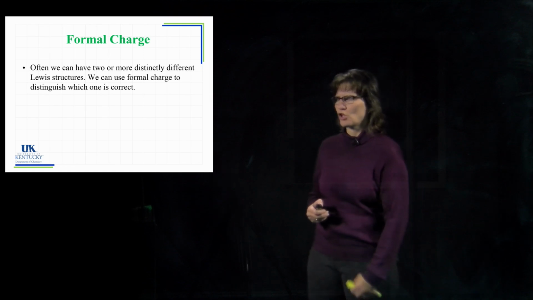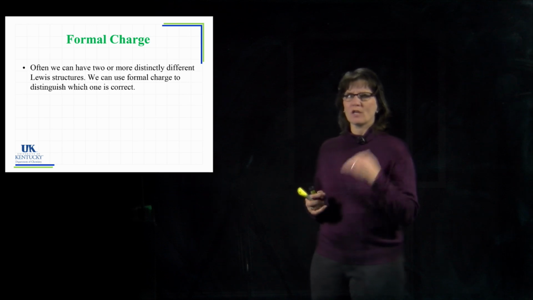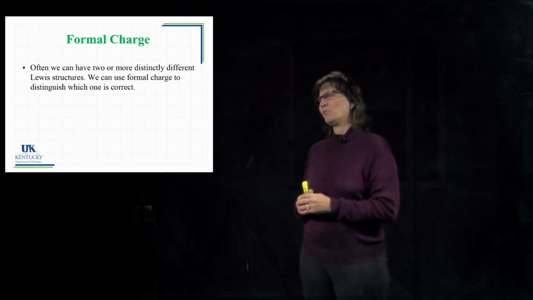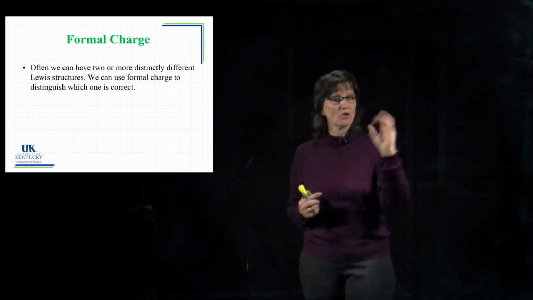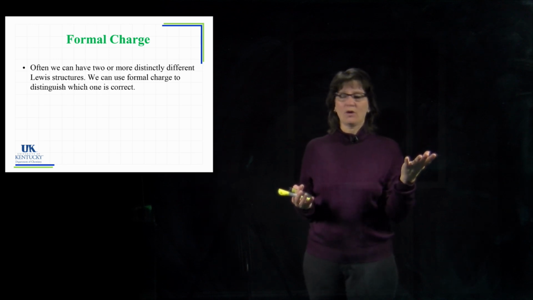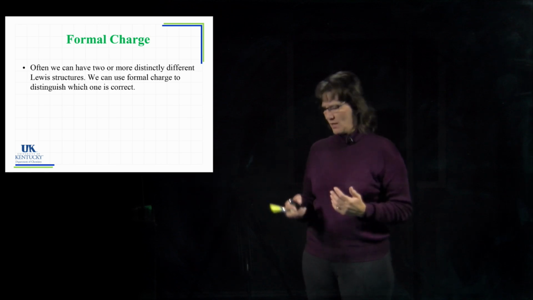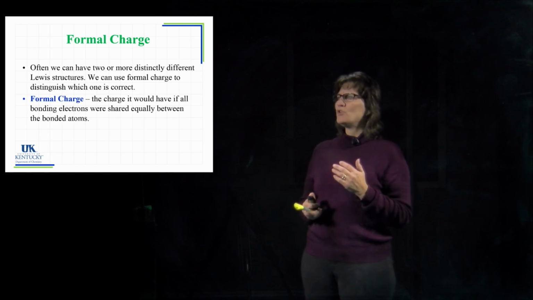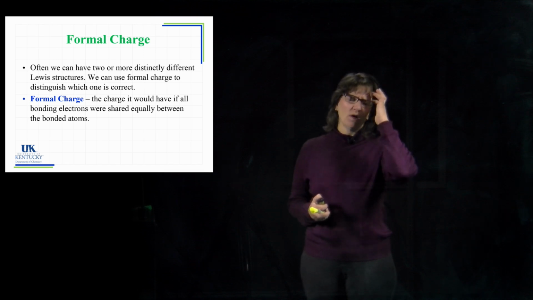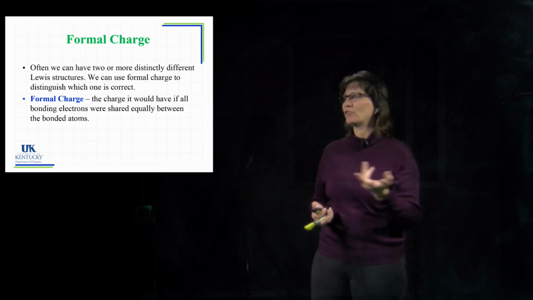Okay, so what's a formal charge? Well, first of all, why would we have to have a formal charge? The reason is sometimes you can do a Lewis structure like I suggested, and they can be completely different from each other, and you're trying to decide which one is a better representation of your molecule. Sometimes, if the connectivity is kind of confusing to you, you can use it to help you figure out how things are connected.